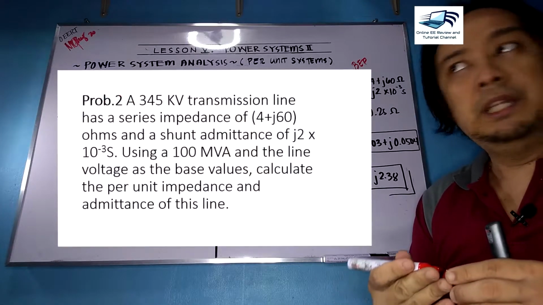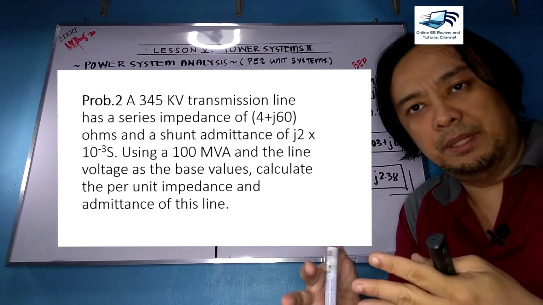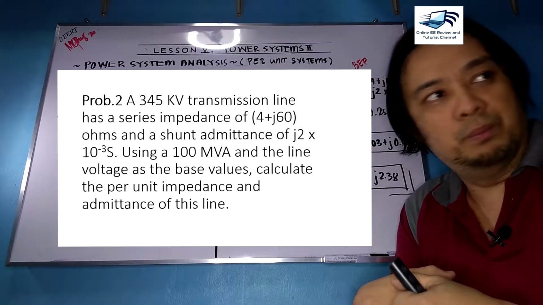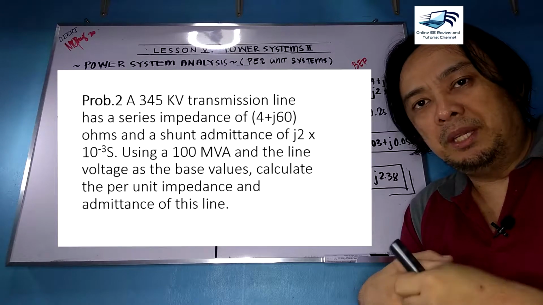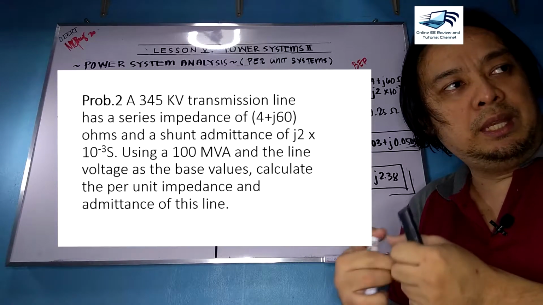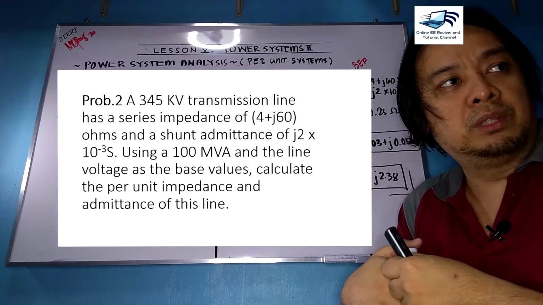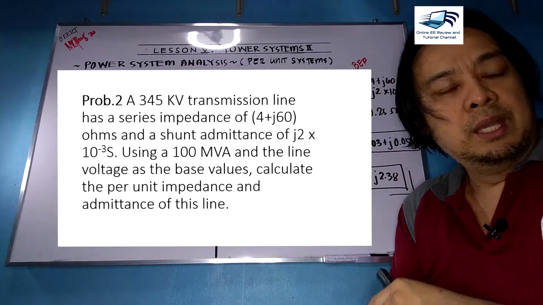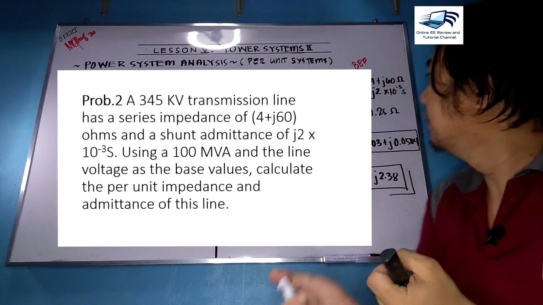A 345 kilovolt transmission line has a series impedance of 4 plus j60 ohms and a shunt admittance of j2 times 10 to the negative 3 Siemens. Using a 100 MVA and the line voltages as base values, calculate the per unit impedance and admittance of this line.